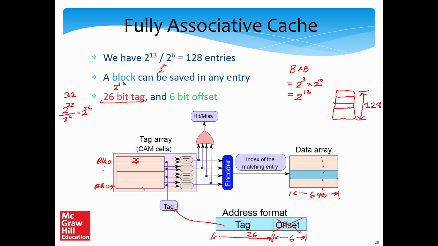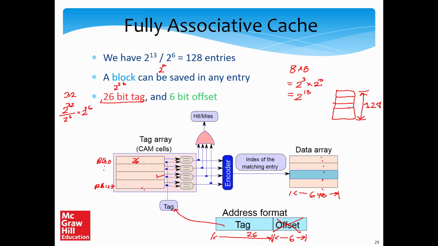After each comparison, we send the results to an OR gate. Since there is no duplication inside a cache, if there is a hit, it will hit in only one entry. Let's say it hits in this entry, so this will be 1. So the output of the OR gate is 1, which means that there has been a hit.